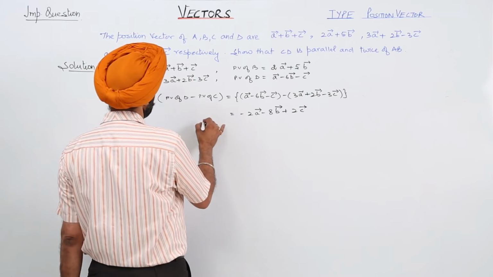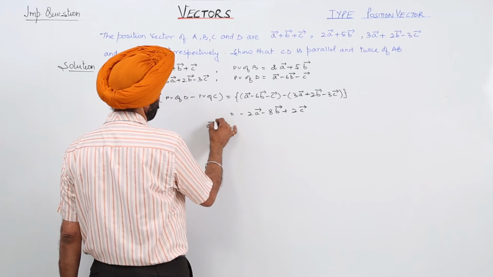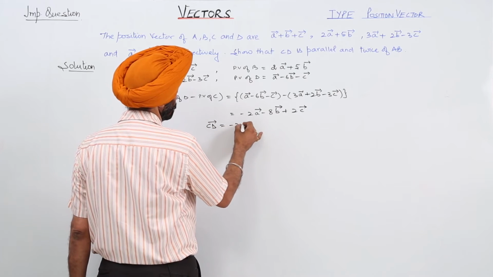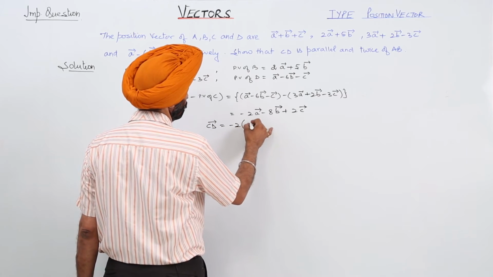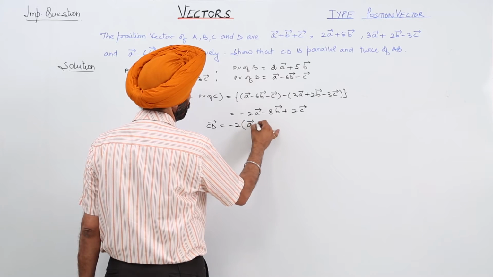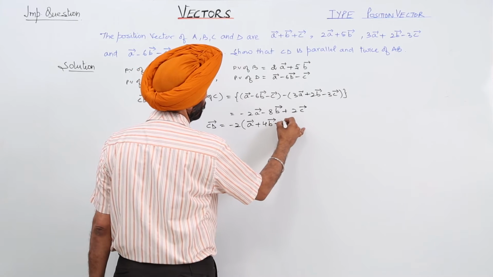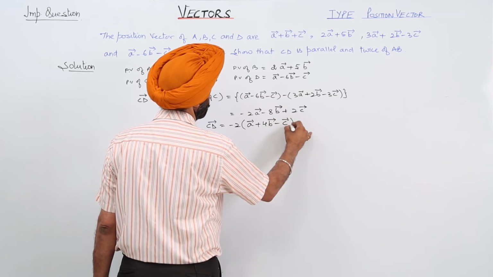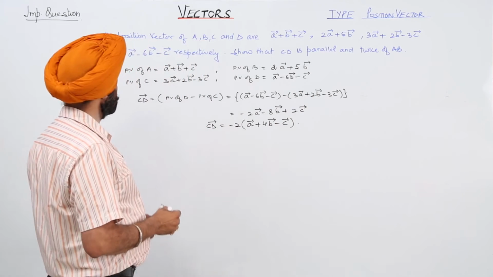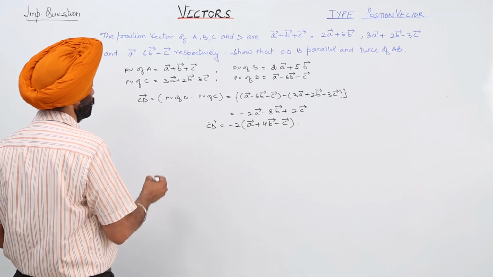Now, we can write vector CD is equal to negative of 2 A plus 4 times vector B minus vector C. So, this is CD. Now, AB.